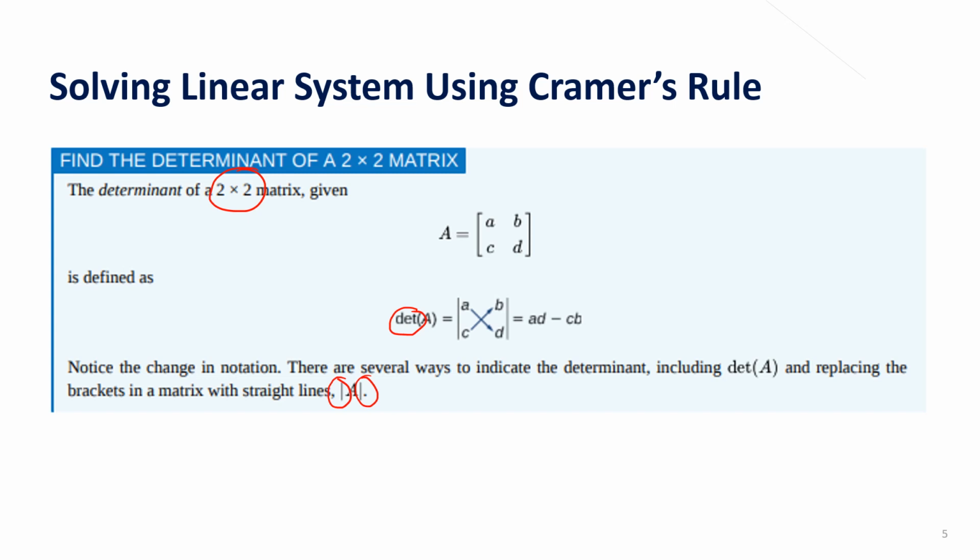We read it as the determinant of matrix A. It is used in various branches of mathematics, including linear algebra as well as calculus. So it's good to have this understanding of determinants before we discuss how Cramer's rule works later on.